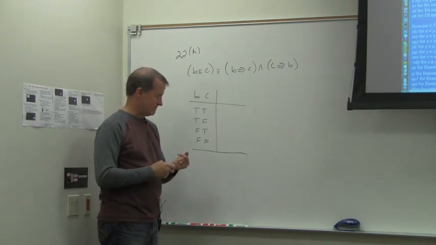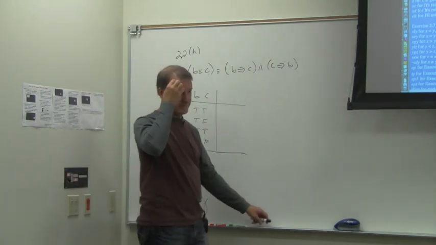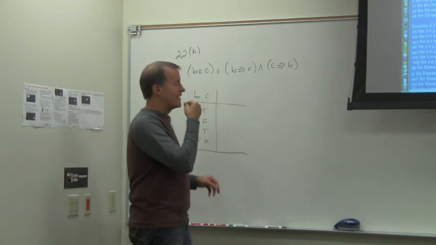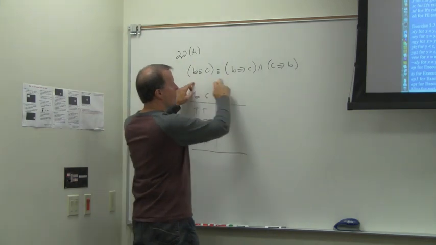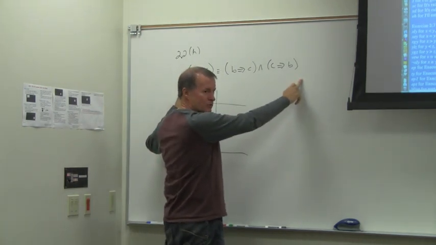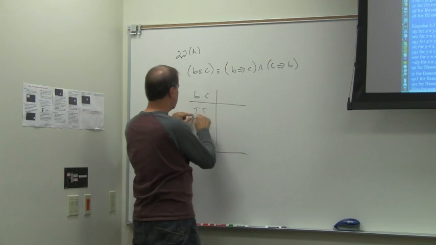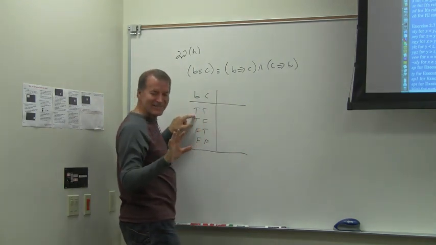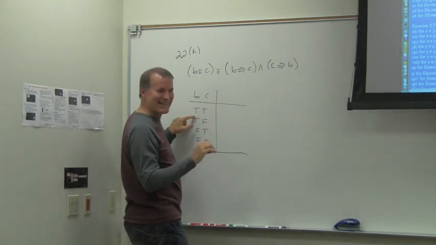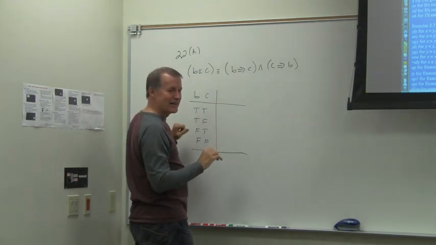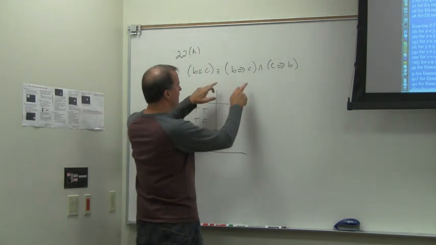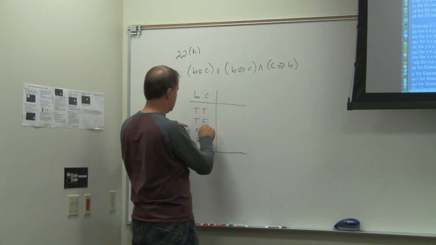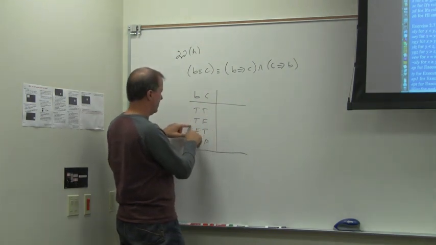I don't know. You mean how to start? Solve it. Well, look, here's the thing. This whole thing is either true or false when B is true and C is true. They're all true. I know that one, but then the next two, the middle two, the true, false, and the false, true. I don't know if those are true or false.